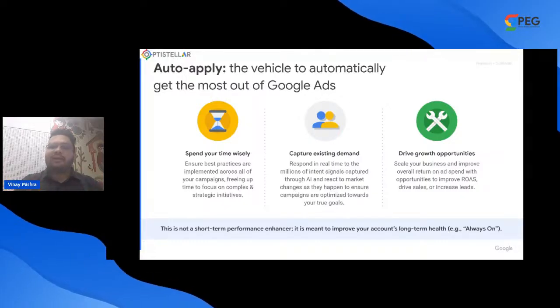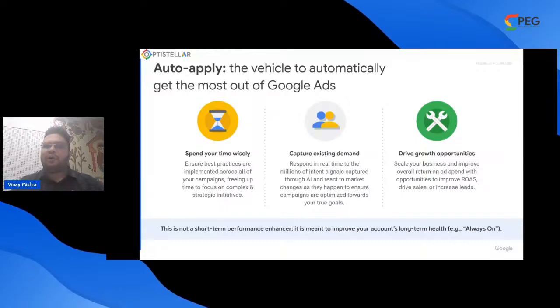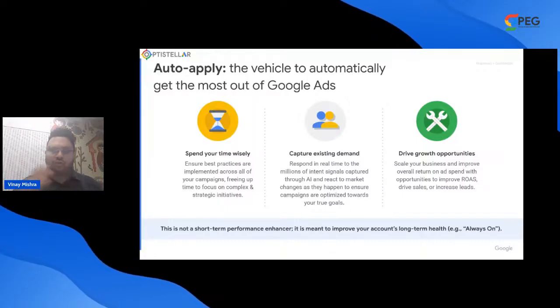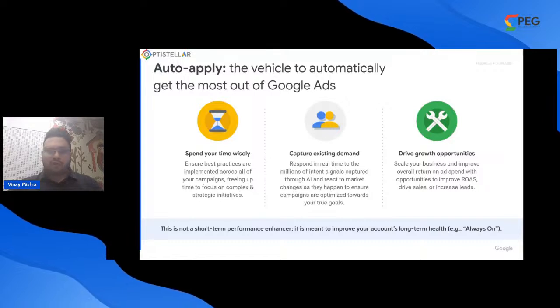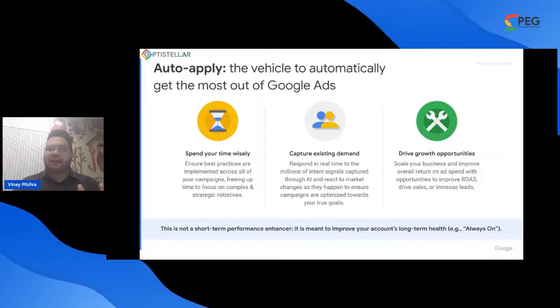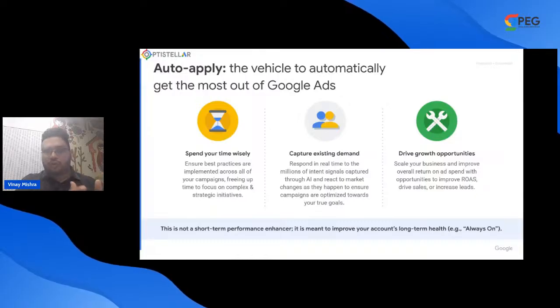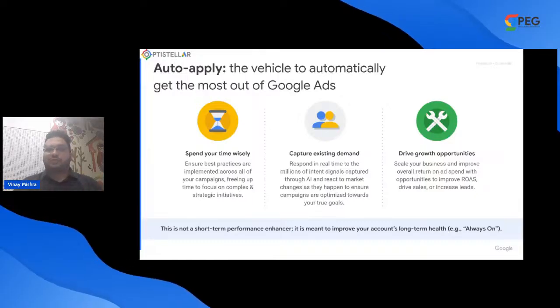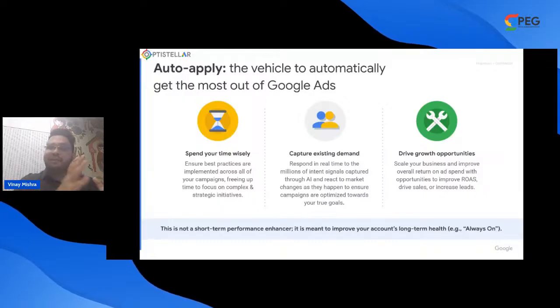With auto apply it becomes easy, so that AI is also assisting you in optimizing towards your goal. Let's say your goal is conversions or conversion value: based on how exactly the users are reacting and how the market is going, auto apply recommendations becomes a crucial aspect in capturing this audience versus having the manual setup in place.